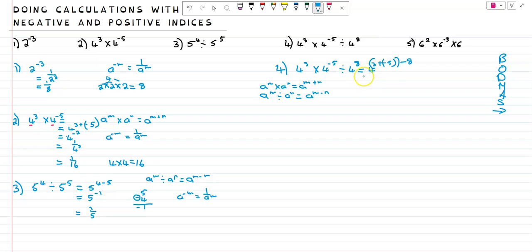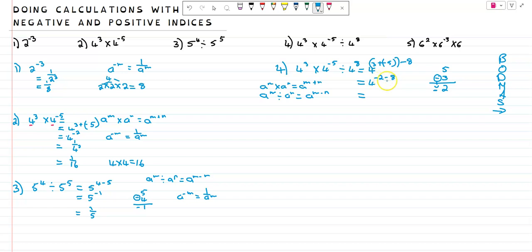So let's see. We first do the bracket, because remember we work from left to right. So 3 plus negative 5, we swap them around: 5 minus 3 equals 2. We bring down the symbol, which means it's negative 2. So now we have 4 to the power of negative 2 minus 8.